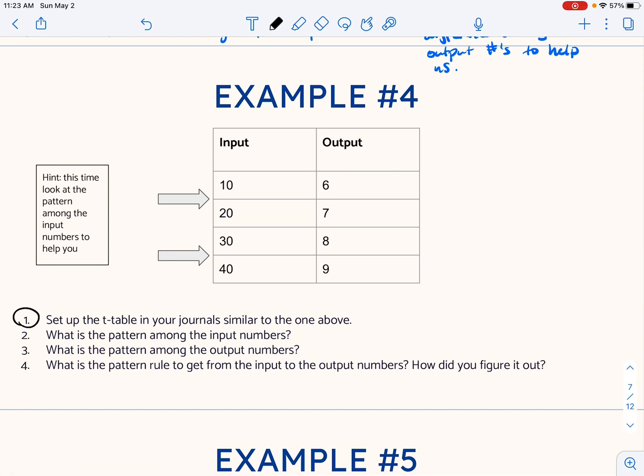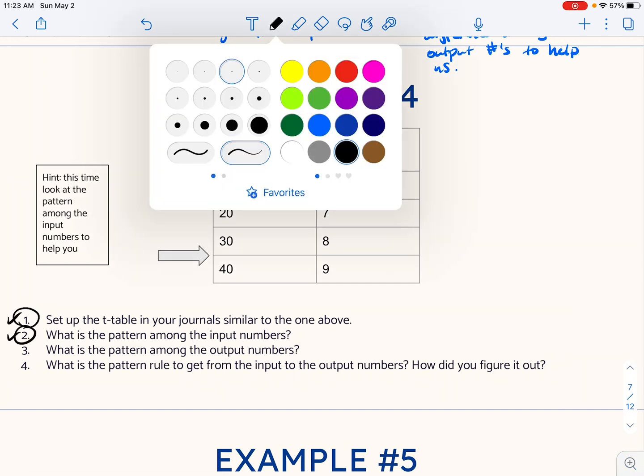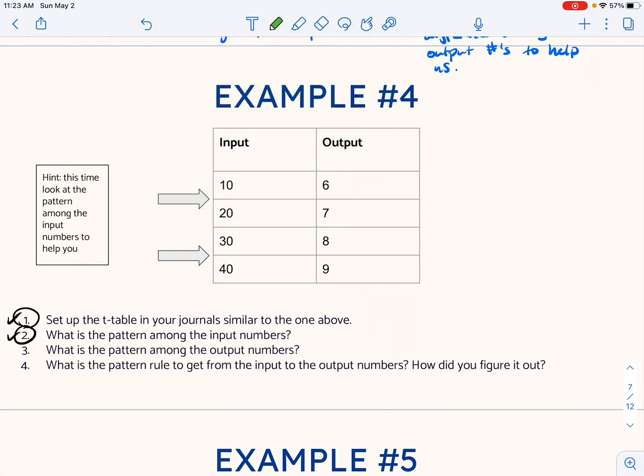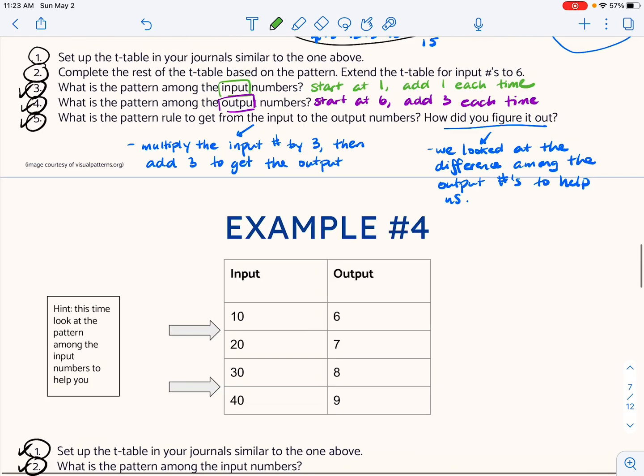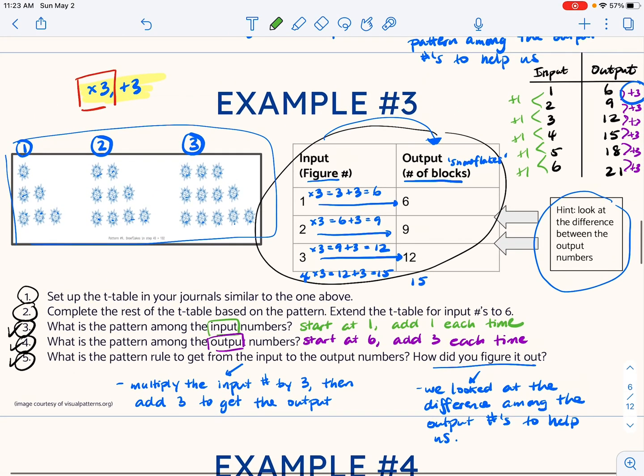Now, this time, we've already done number 1. We're going to look at number 2. What is the pattern among the input numbers? Okay, so input numbers. Now, if you notice, there's a difference with these input numbers as opposed to the other examples up above. If you look at the other input numbers, we're starting at 1 and adding 1 each time.